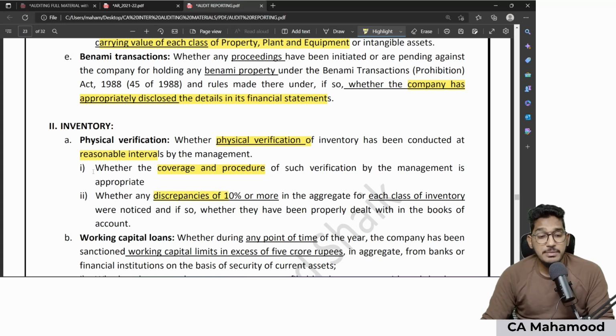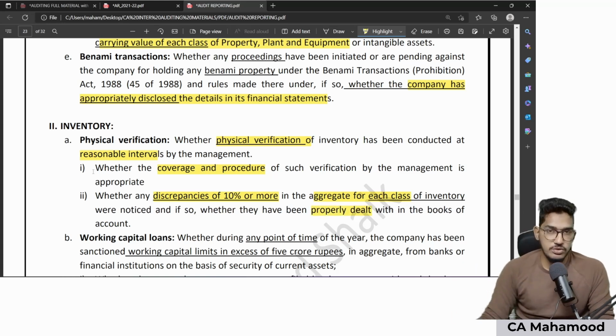And whether any differences of 10% or more, here also for aggregate of each class of inventory, were noticed. For every class of inventory, if you find difference of more than 10%, then you need to mention that amount, and also you have to tell whether it has been properly dealt with in the books of accounts.